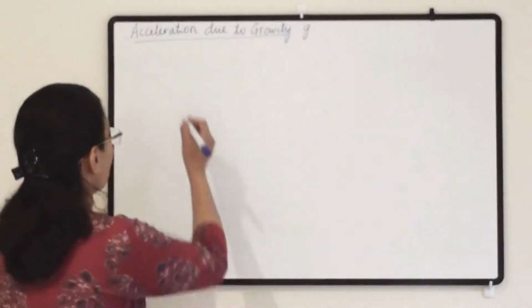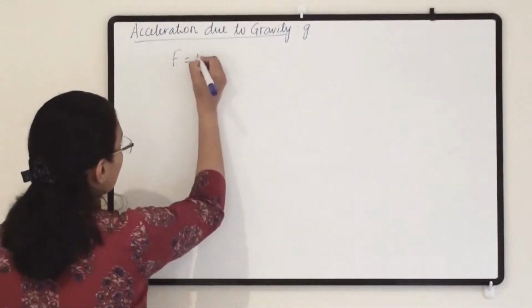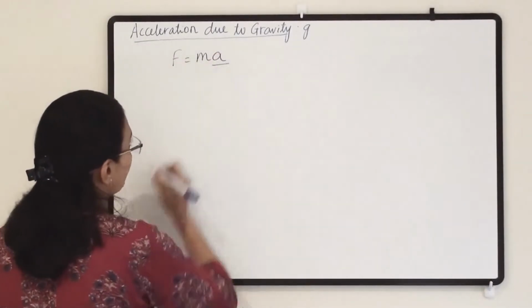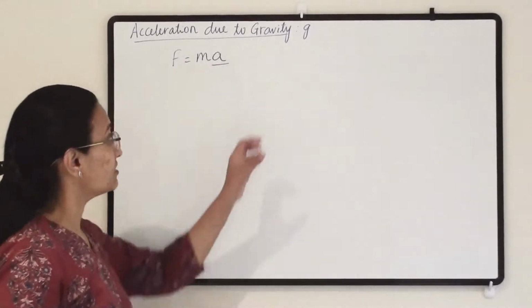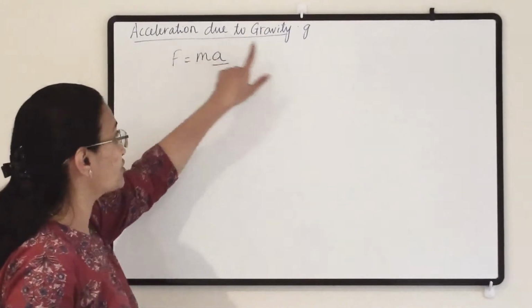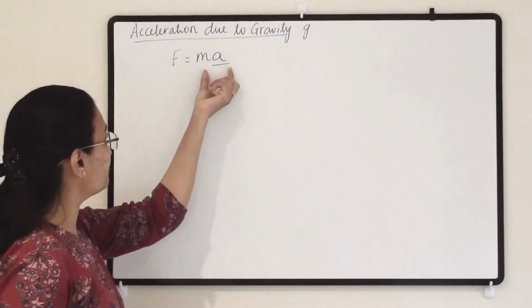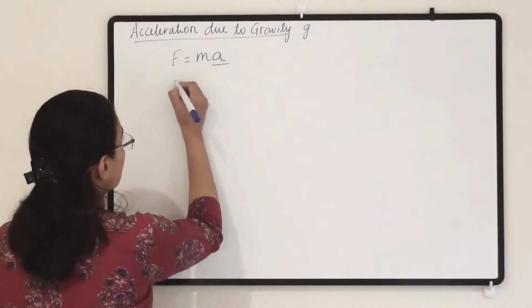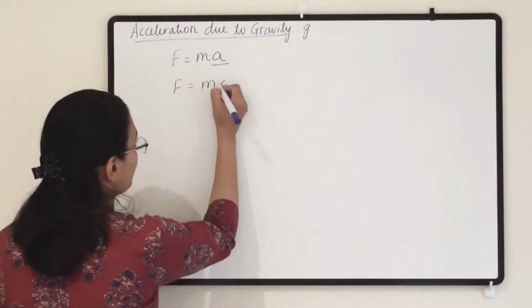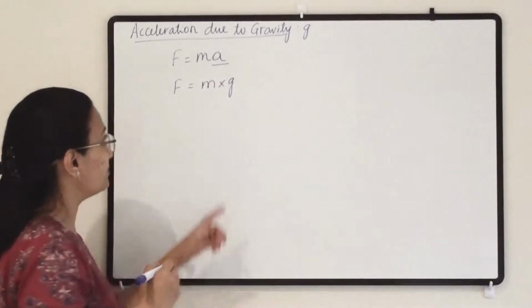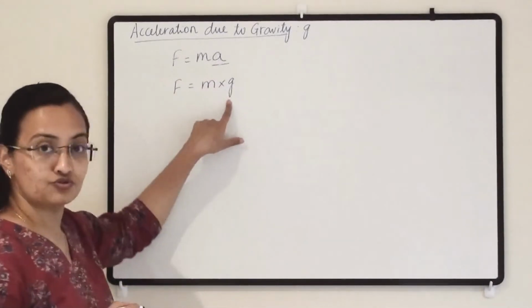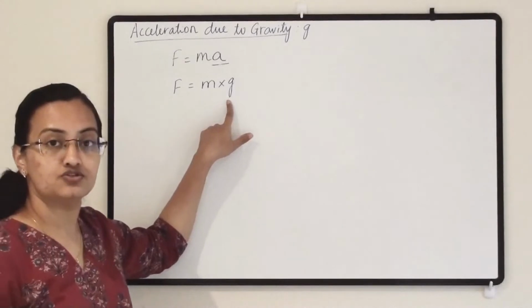Now let us find out the formula for acceleration due to gravity. We know that F equals ma, but in this formula a is acceleration and here our g is also acceleration due to gravity. So instead of a, we are writing F equals m into g. We have replaced a with g because this is also acceleration, but this acceleration is due to gravity.